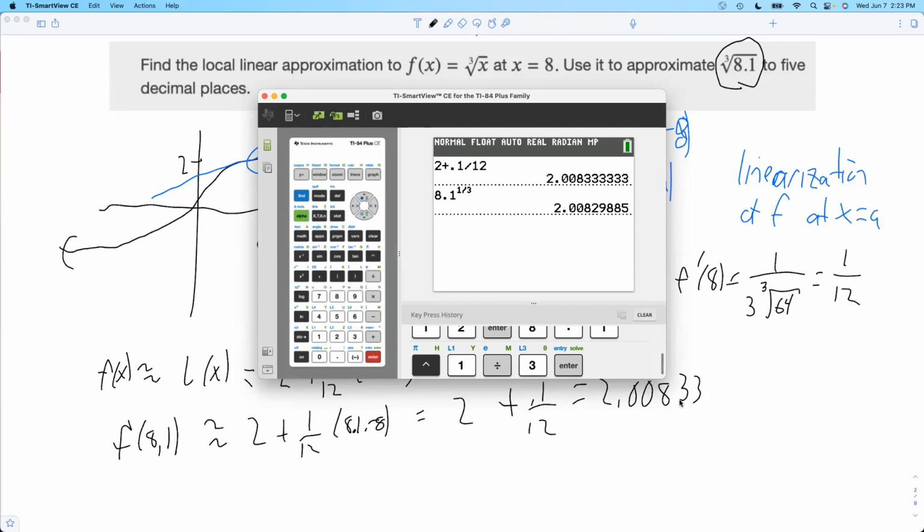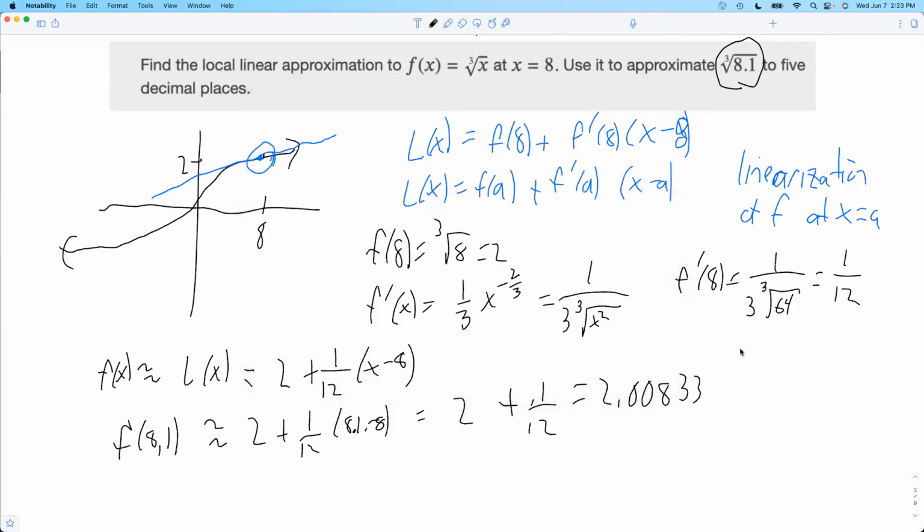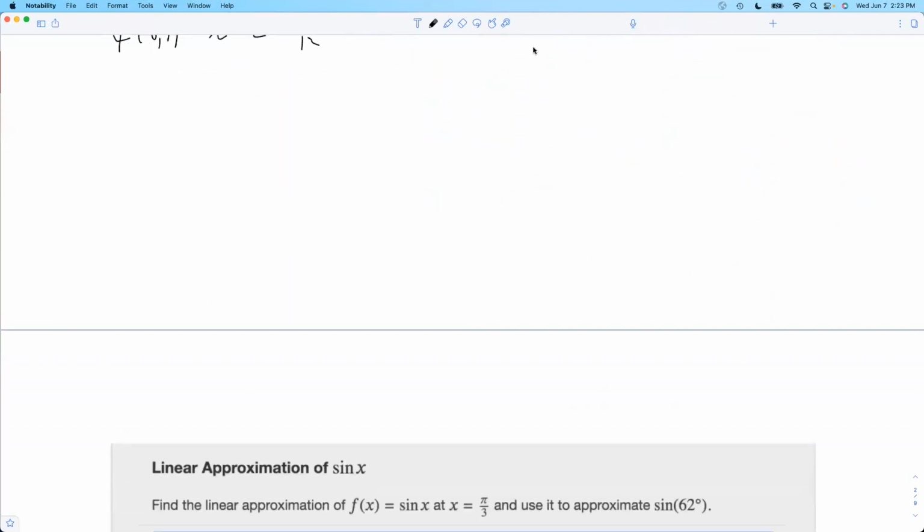It's using a more complicated version of what we're doing, but that's what your calculator is doing, and it's correct out to here. In fact, your calculator is actually storing more digits than this. This is just what it shows us. It actually has in its memory more digits than what it's showing. And it's correct. I don't know how many places, but definitely more than 5 places. Okay, stop that one.